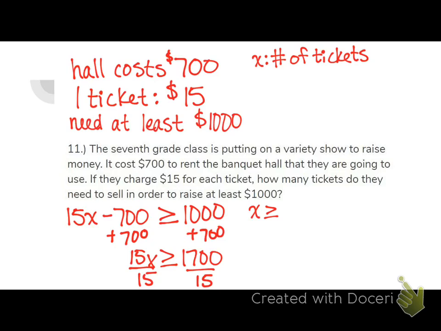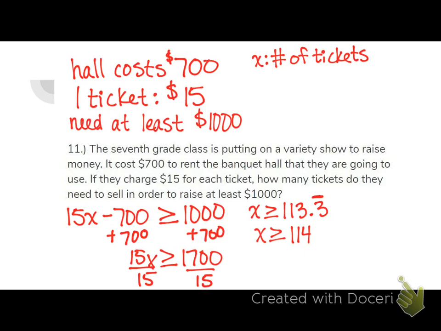You gotta say at least 114 tickets. We need to sell at least what? 114 tickets. Very good. So if we do that division, 1,700 divided by 15, we would get 113.3 repeating. But we need it to be bigger than that, and we can't sell part of a ticket.